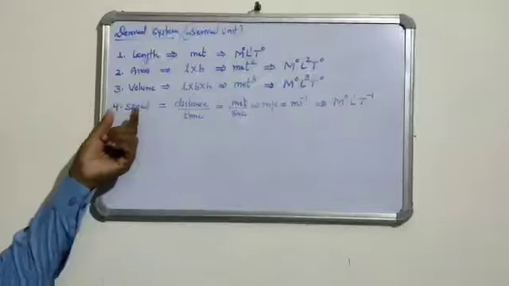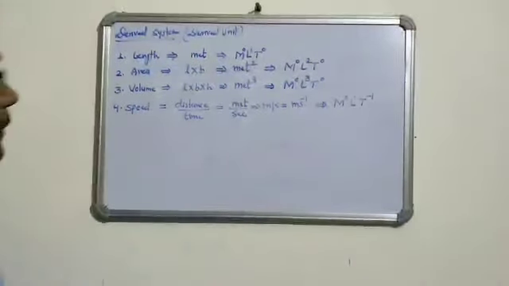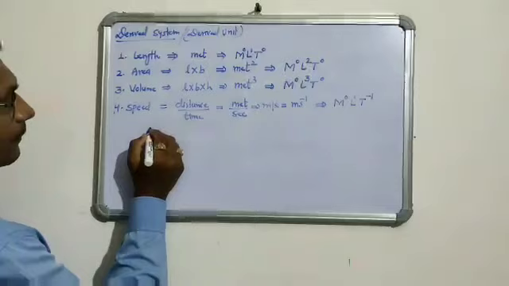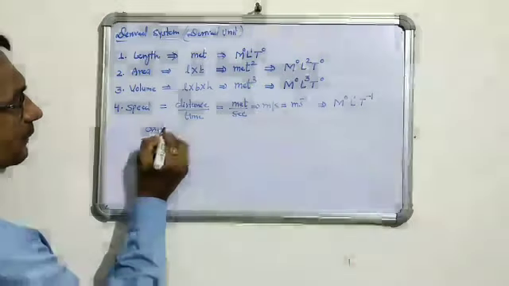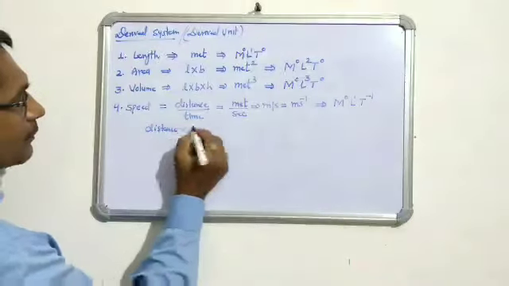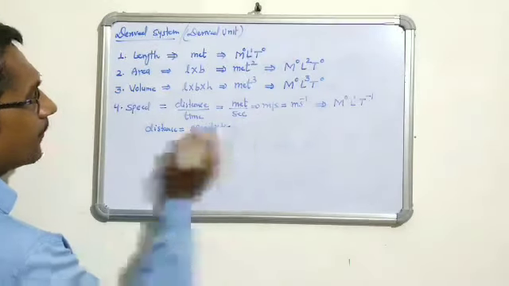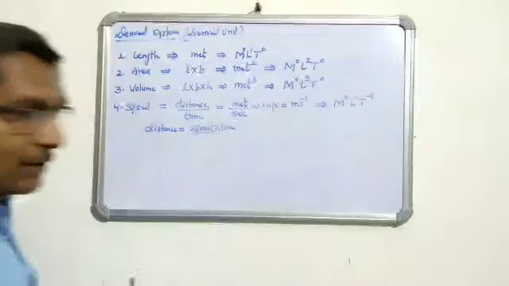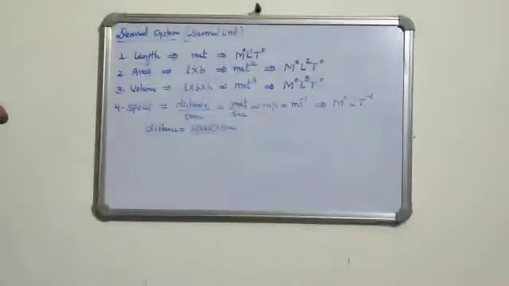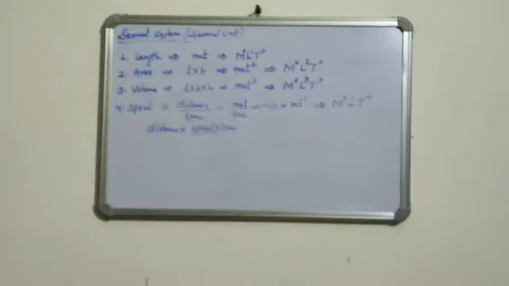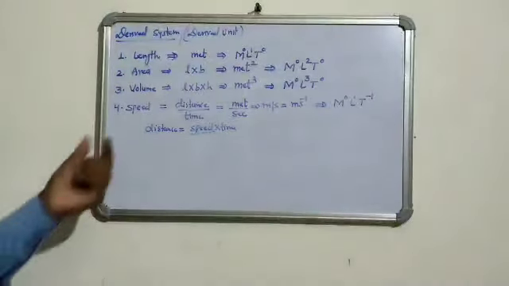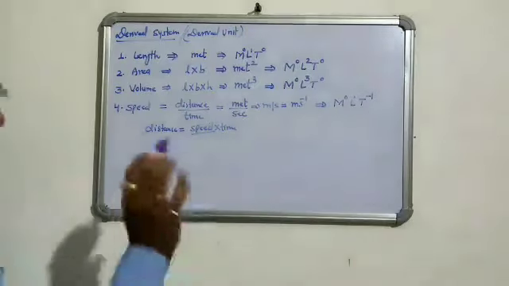Somebody asked why speed, because some questions are there. We can also write distance is equal to speed into time. So is speed a fundamental quantity? No, speed is not a fundamental quantity because it depends on distance and time.